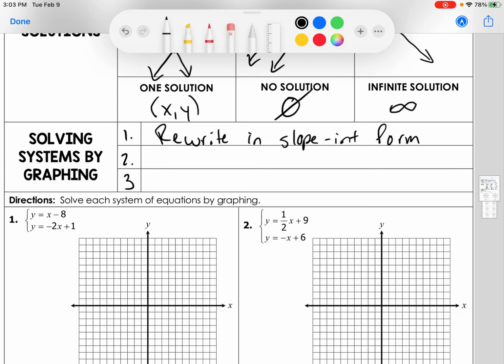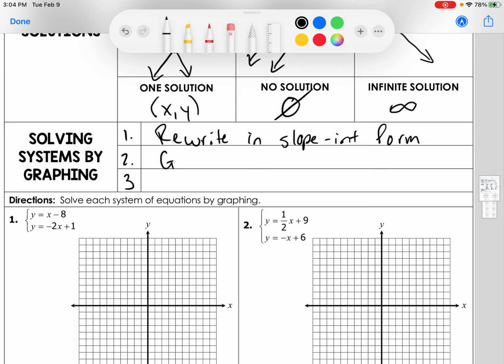That's perfectly acceptable. We will end up talking about that in our next video. But if you already know how to graph using intercepts, then you can do it that way if you prefer. Really, the big picture is that we want to graph the lines and find our solution that way.